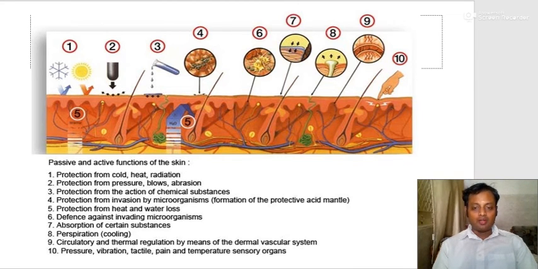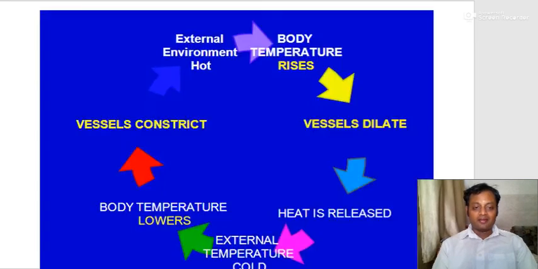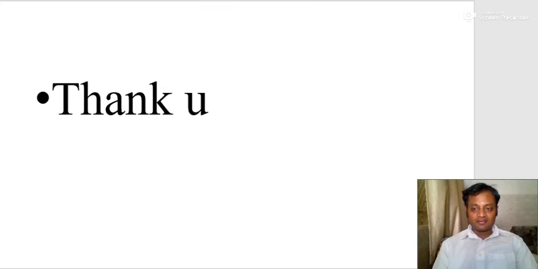It protects us from cold, heat, and radiation, from pressure, blows and abrasions, action of chemical substances, invasion by microorganisms, and heat and water loss, and perspiration, that is cooling. Then it also has a sensory function, that is pressure, vibration, tactile, pain, and temperature sensory organs. So skin is a very vital organ and it is very important, and it is the largest organ in the human body, right? Hope you understand this lecture.